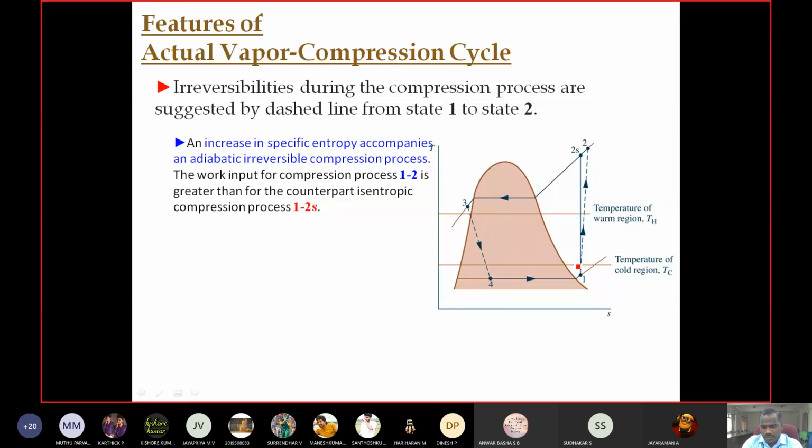This process 1 to 2 is an irreversible adiabatic process, but we can have 1 to 2s instead. So this will be greater than our counterpart isentropic compression process. So this is the actual process, but for our assumptions we are having this 1 to 2s, which will be our isentropic compression.